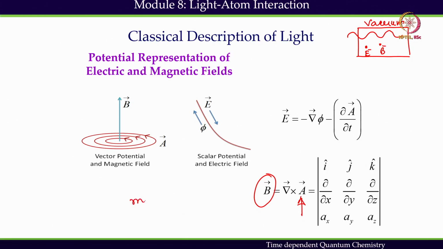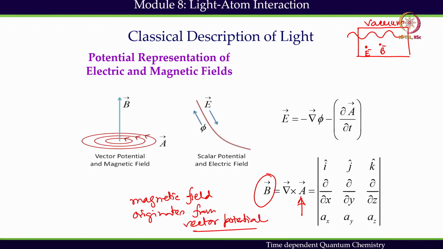So magnetic field originates from vector potential, and electric field in this medium originates from scalar potential plus vector potential.